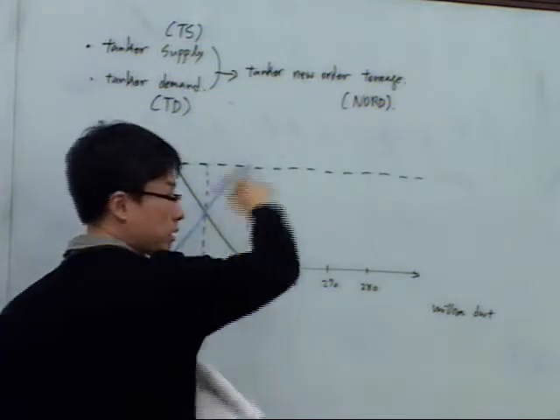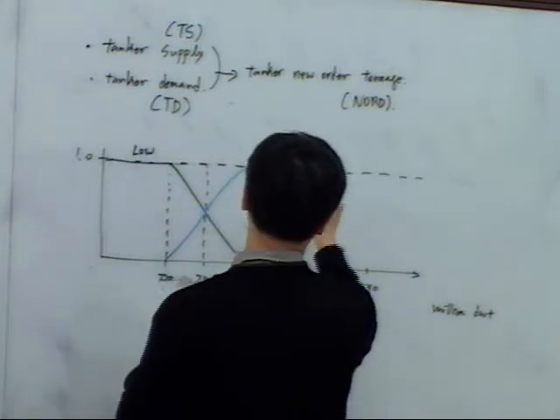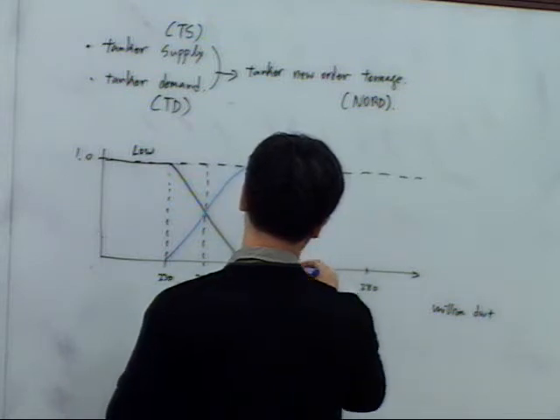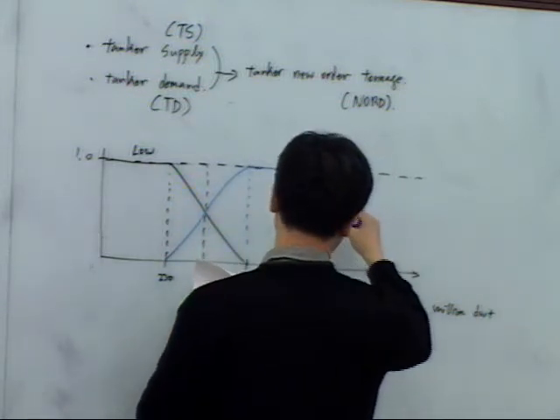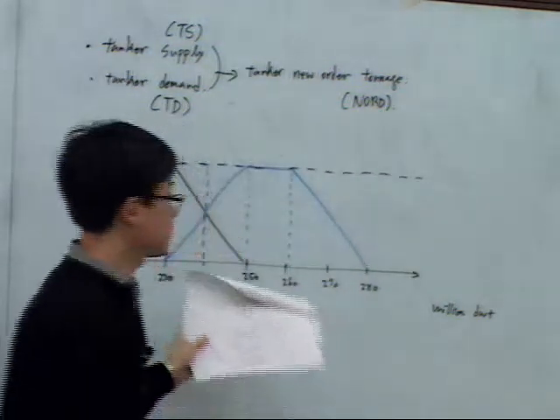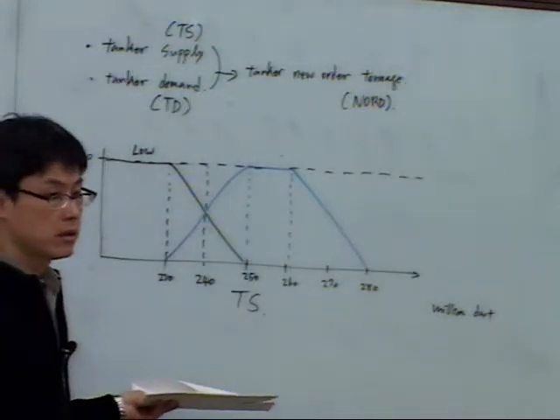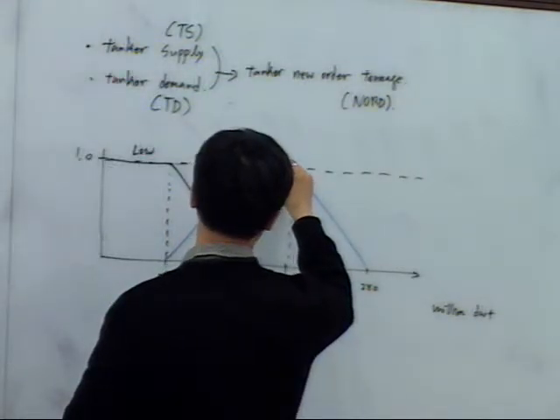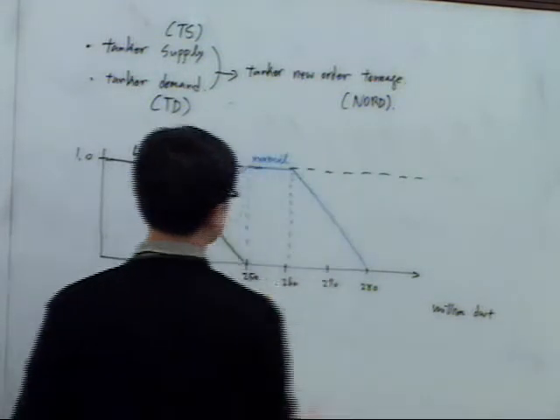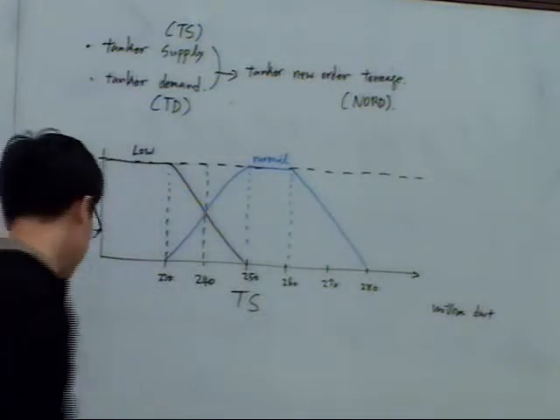Sorry, this is a straight line. If this tanker supply is around this, we define this as normal, medium or normal supply.